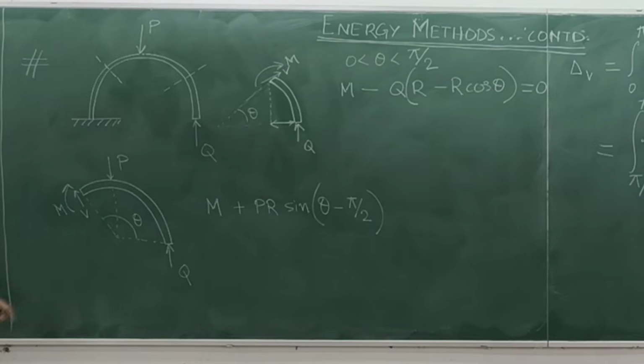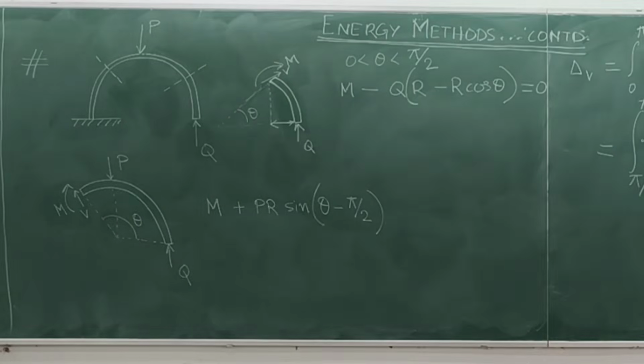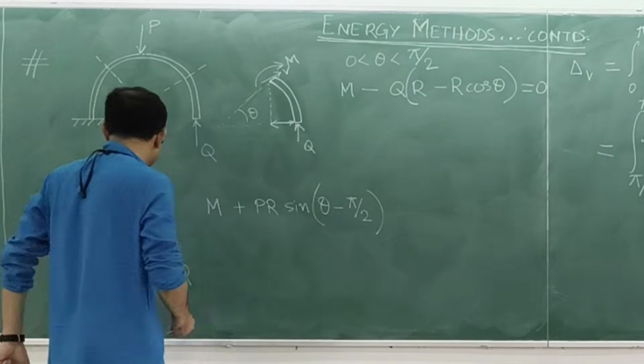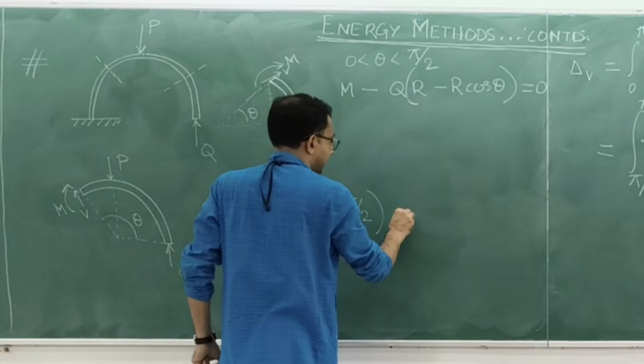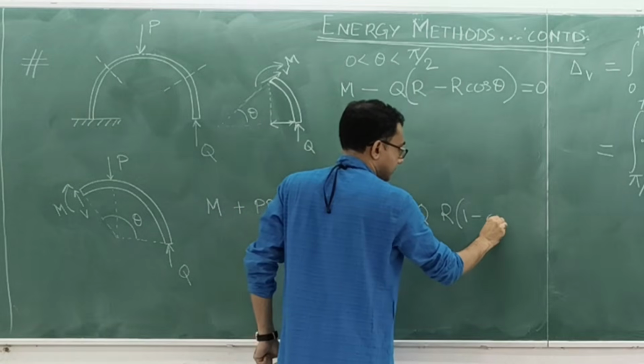You check one thing. Whatever contribution you had written earlier, is that correct? That is still correct actually, because the sign will take care of itself. At least one good thing about trigonometry. So you can actually directly write this thing, Q into r times 1 minus cos theta.